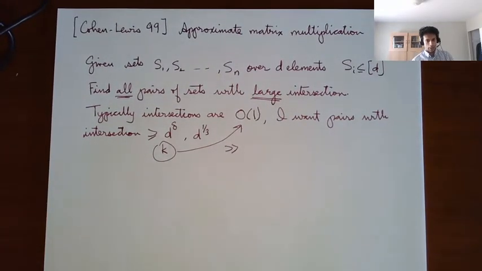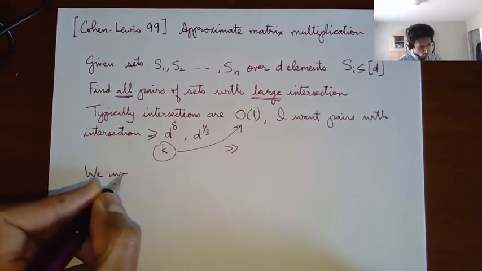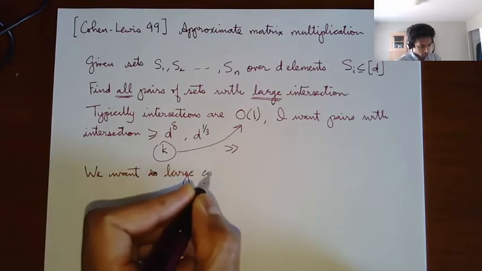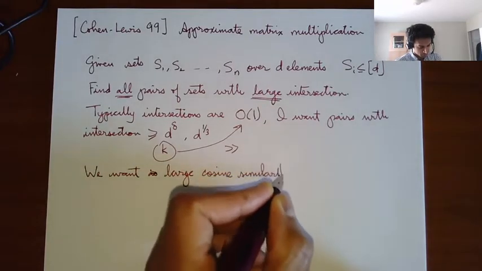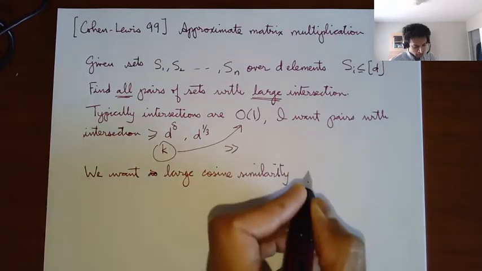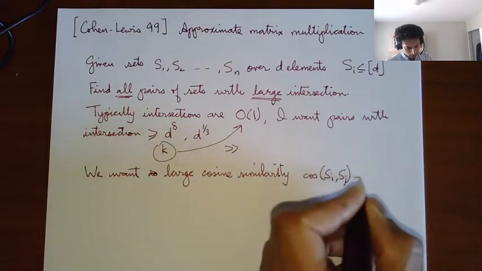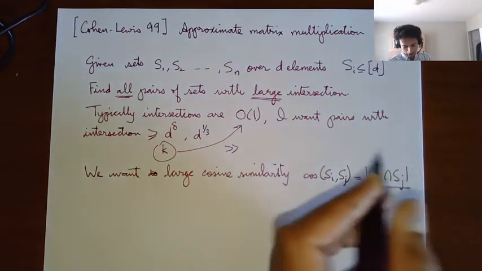This was a few years ago when I was doing some similarity work at Twitter, where we want large cosine similarity. So what is the cosine similarity of two sets? It's some kind of normalized version of the intersection.